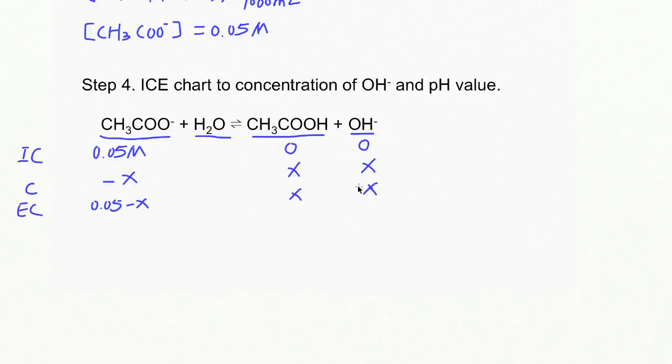So when you reach here, everything should look familiar to you. This is what we did in the last chapter, when we discussed the pH value and pOH value for weak acid and weak base.